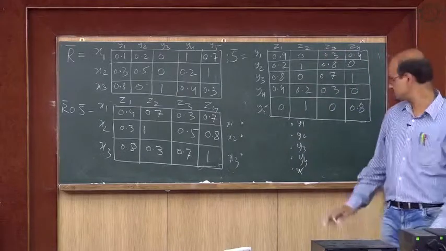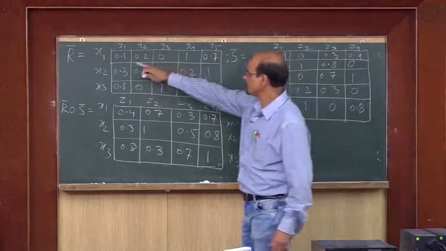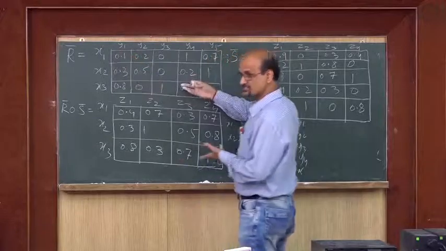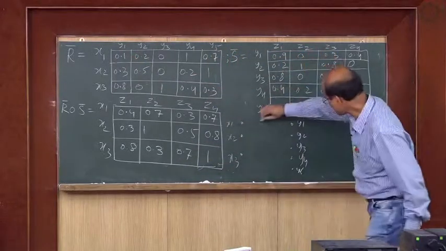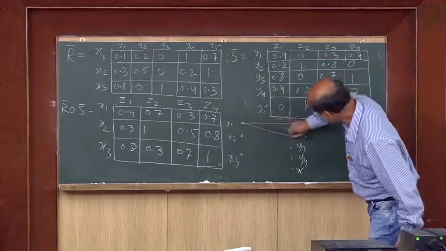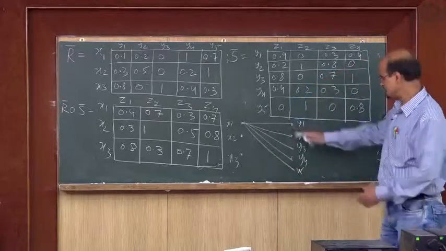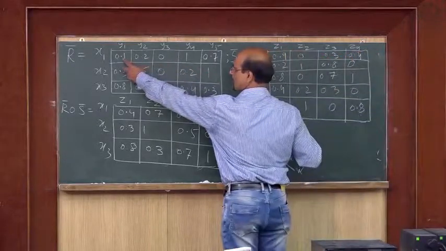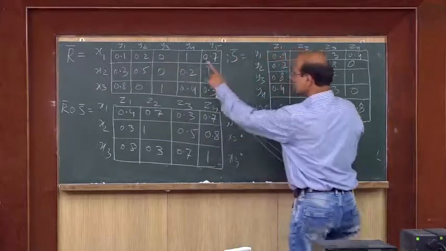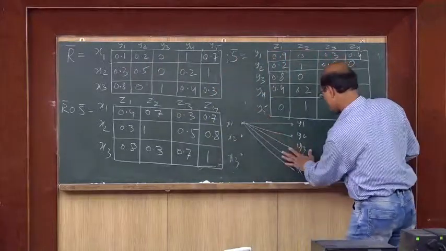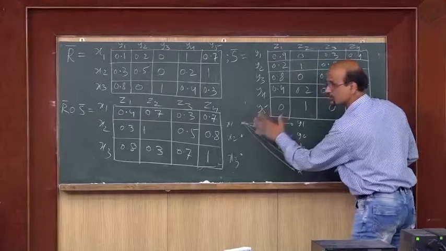These are the 5 values, these are the 3 values. Now for each connection you have a strength. If I connect this x1, y1 like this, the strengths are 0.1, 0.2, 0. So for x3, x1 and y3, this relation is not there.